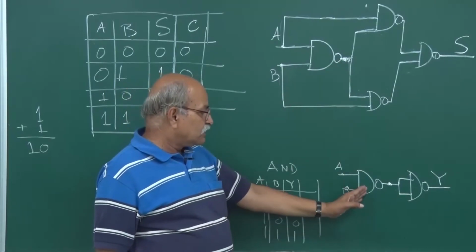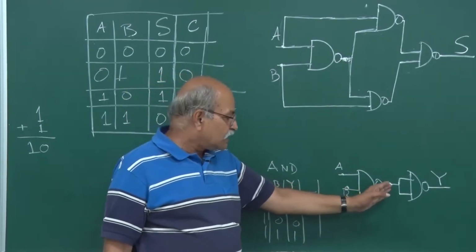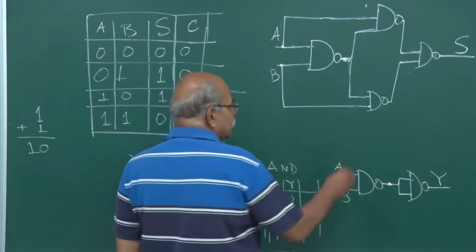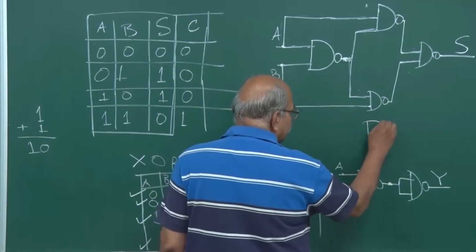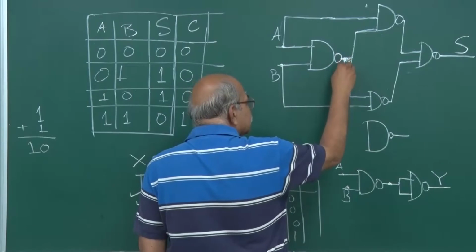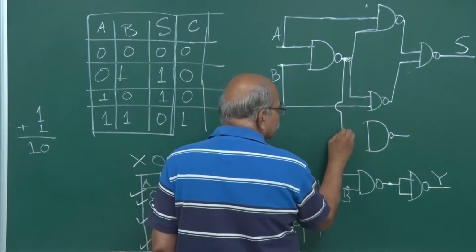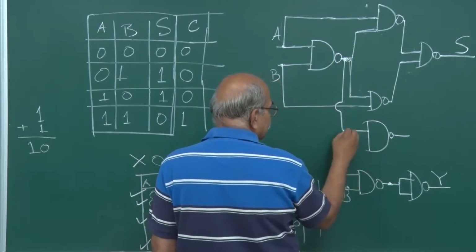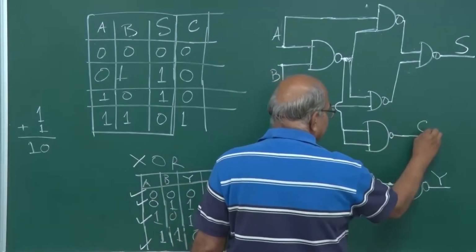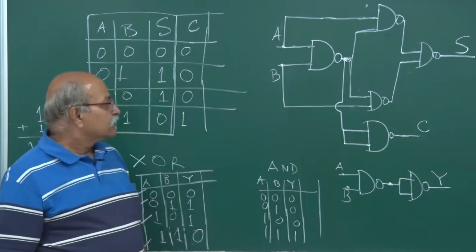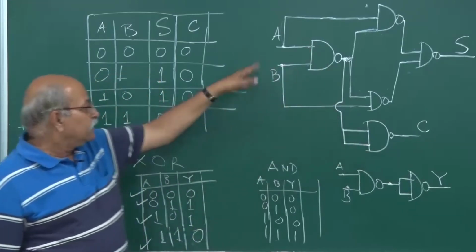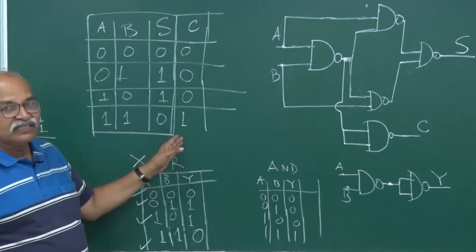That I have to feed in another NAND gate at the two input points. So I take another NAND here, and then from this point I give both the inputs, and this will be our carry. Right, this NAND and this NAND will make AND, and A and B is nothing but the carry.